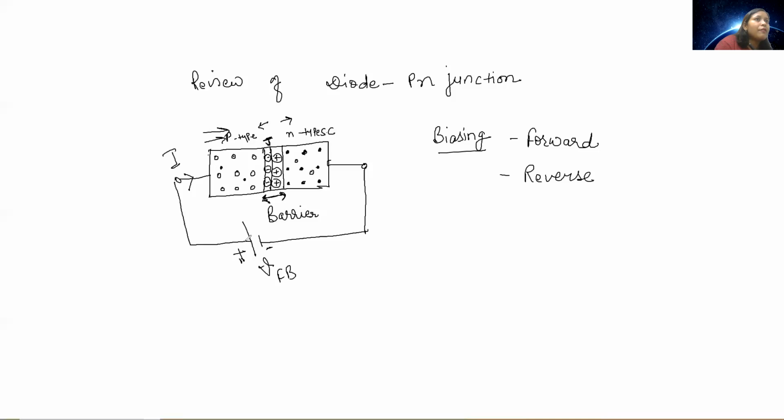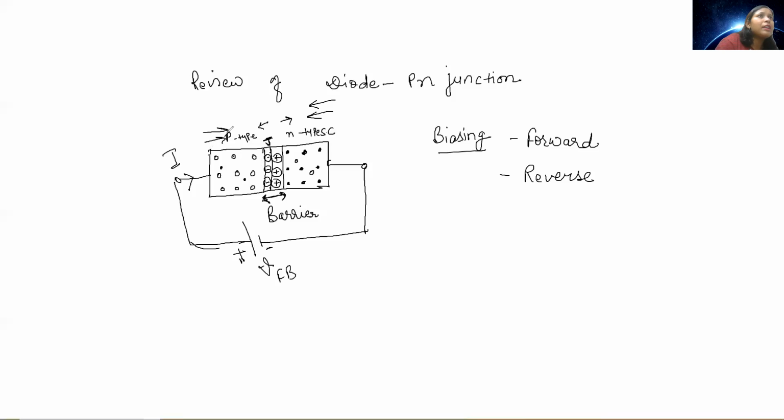The positive terminal repels them because they are of the same polarity, pushing the holes towards the junction. Similarly, the negative terminal of the battery applies a force on the electrons, and again, they are of the same polarity, so they are repelled towards the junction. So both majority charges, holes from p-type and electrons from n-type, are pushed towards the junction by the forces applied by the battery.